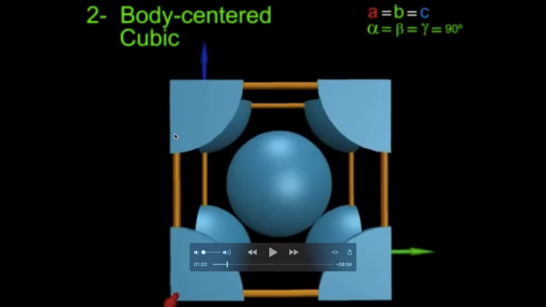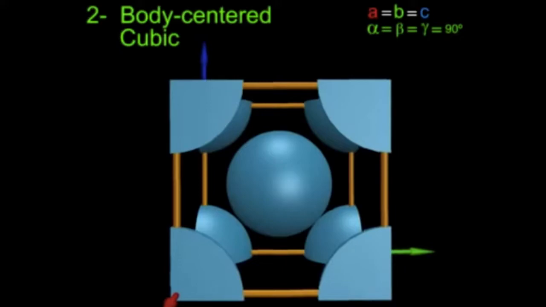You must be thinking why only 1/8 part of a particle is shown at every corner of this unit cell. It is because the particles present at the corners are shared by 8 unit cells.